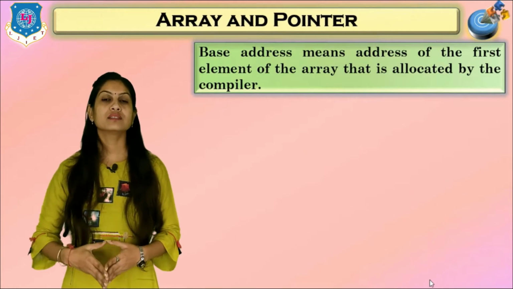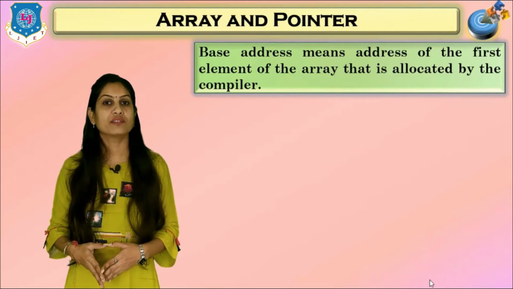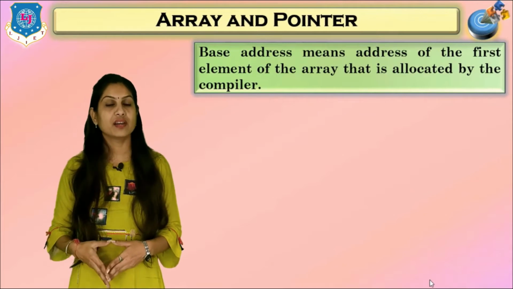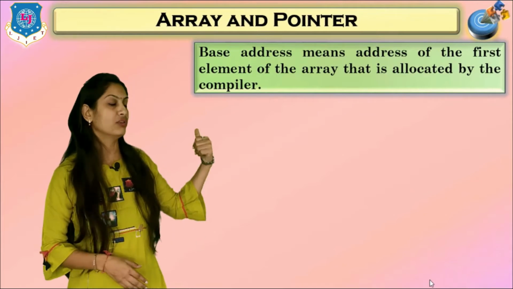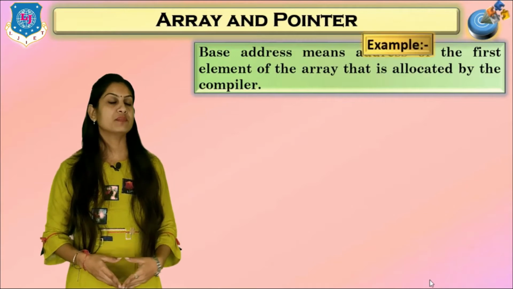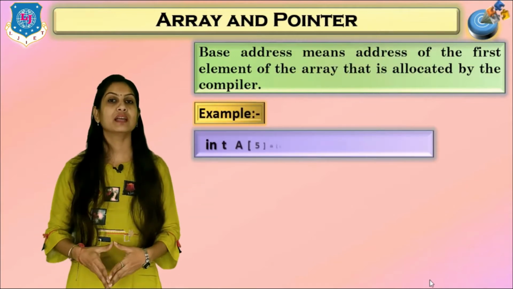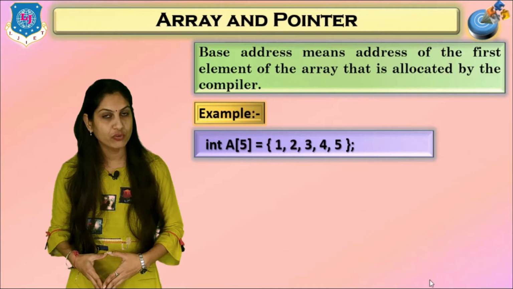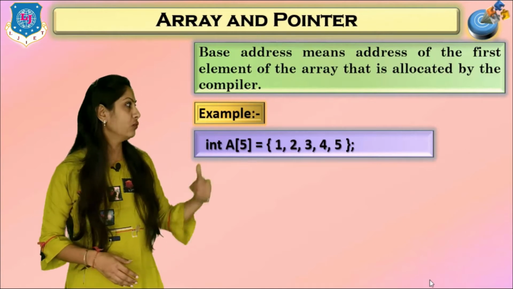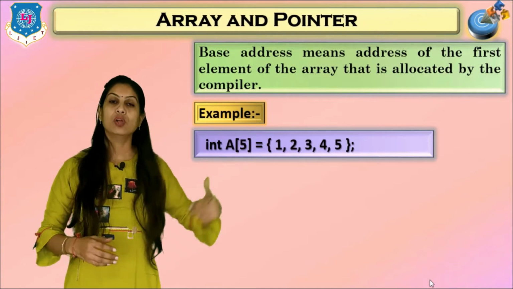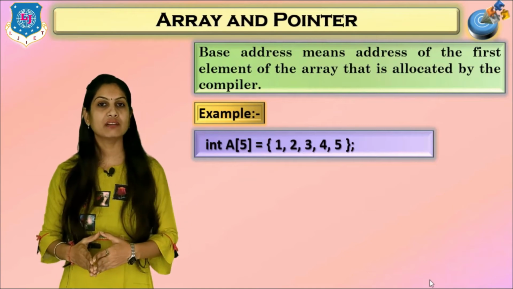So first understand the word base address, that is the first element address of our array, that is known as base address. So I have taken here the example declaring array integer a of 5 having 5 different values 1, 2, 3, 4 and 5. So how will this array be stored in our memory?